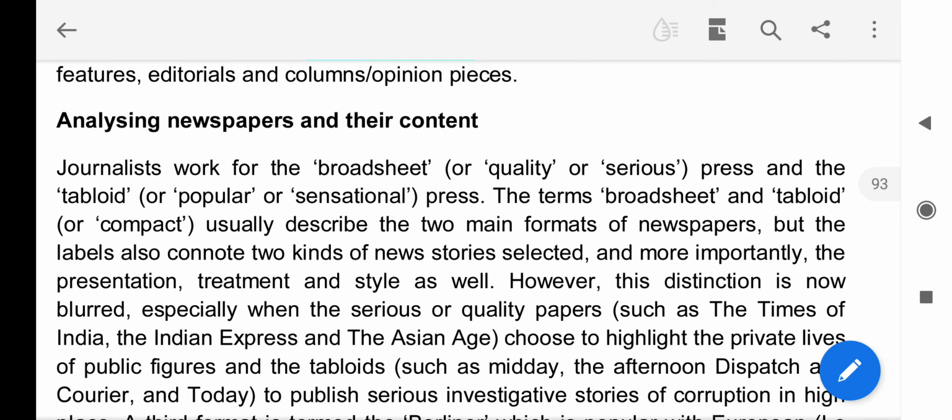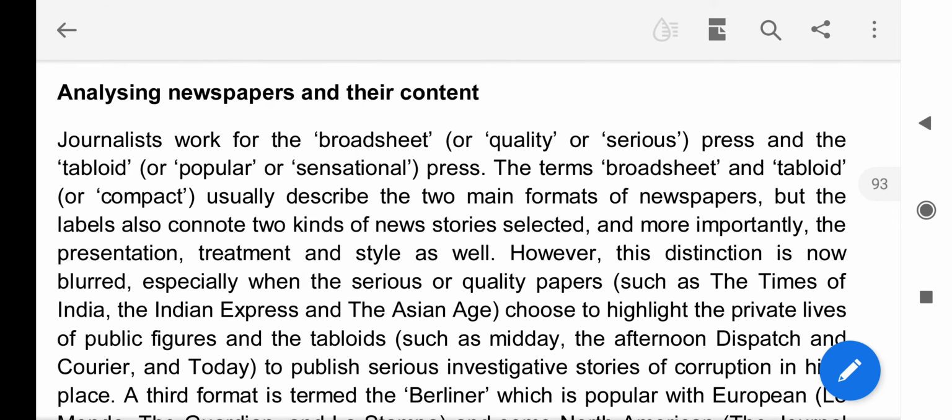Now, analyzing newspapers and their content. Journalists work for the broadsheet press and the tabloid press. Broadsheet press is all about maintaining good quality of news, serious news, whereas tabloids are a form of small news that are sensational and popular. The terms broadsheet and tabloid usually describe two main formats of newspaper.